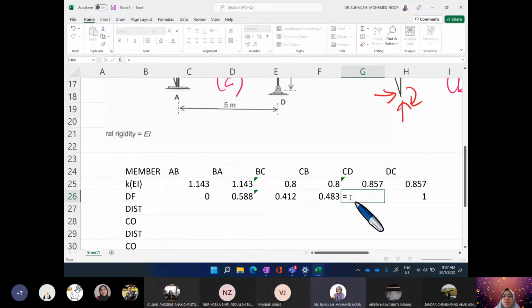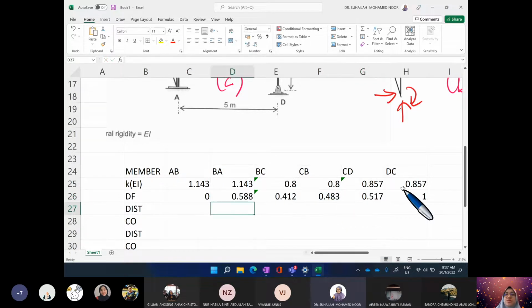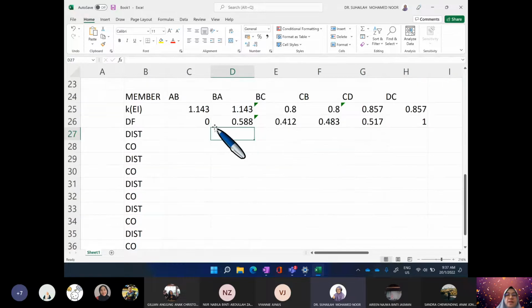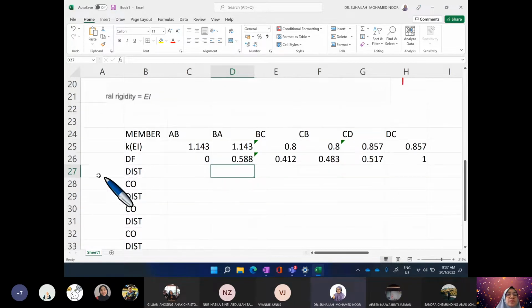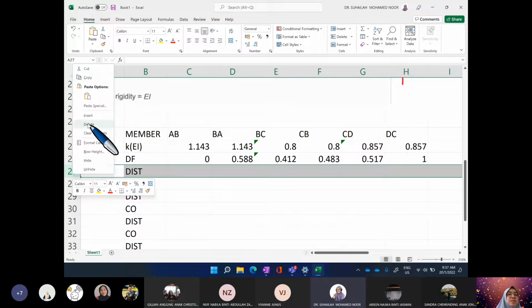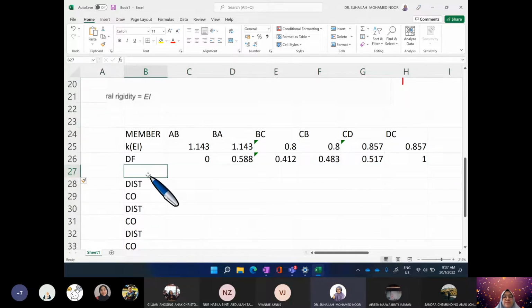So it is 1 minus 0.483. So we already calculated this DF.